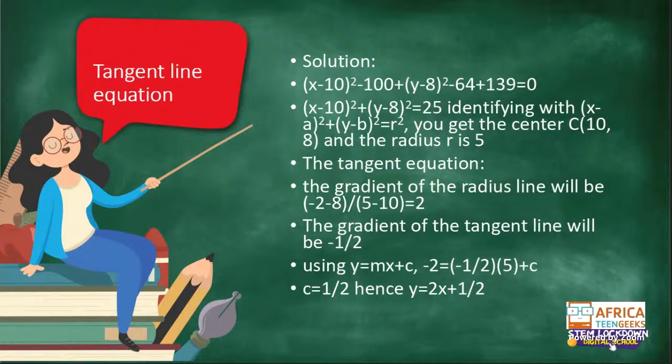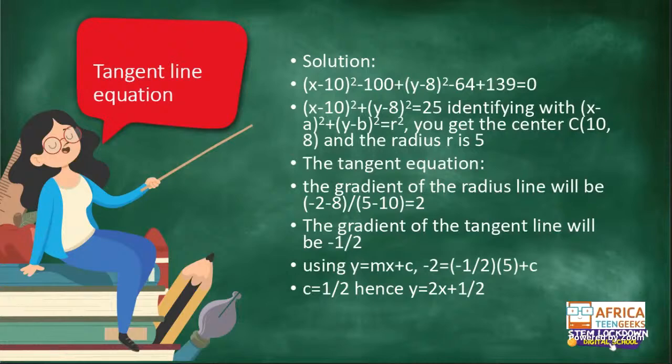Now, to get the tangent equation, we go back again to find the gradient. Here we already know the center of the circle, and we also know the point that the circle is passing through. So the gradient of the radius line here, we just do (-2 minus 8) divided by (5 minus 10), which equals 2.